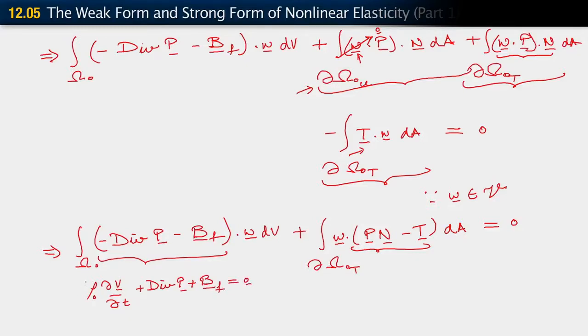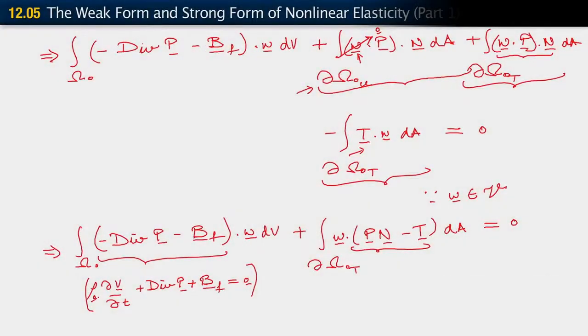What I've just written out here is the balance of linear momentum, the PDE for balance of linear momentum. However, we are not looking at time dependence here. I made the point that the equilibrium condition we got is also known as a weak form for static problems. It's a weak form of the balance of linear momentum for static problems.